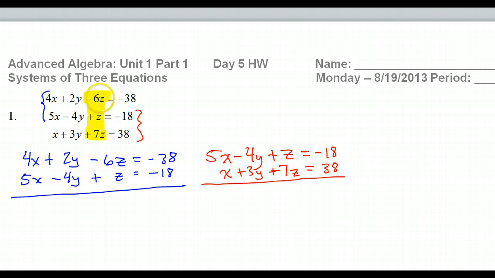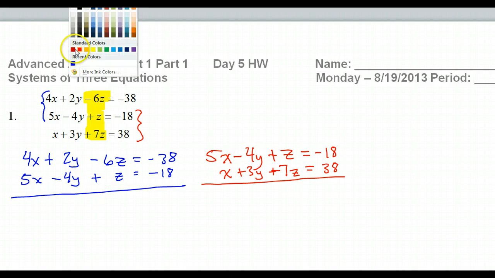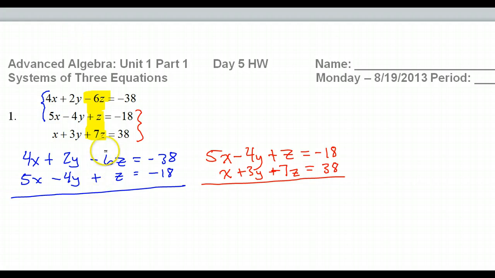So, like I said, we were going to eliminate the z's. If I'm going to eliminate the z's, I have to eliminate the z's in both the blue equations and the red equations. So, how will I do that, you ask? It's a good question. Here I've got a negative 6z. So if I can make this into a positive 6, that would get it done.